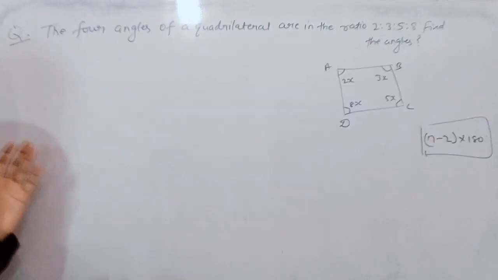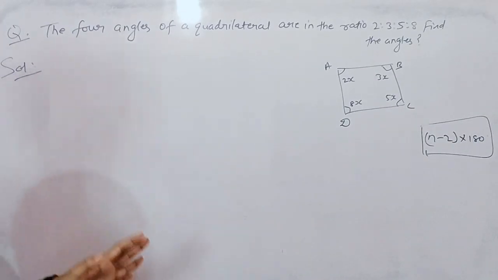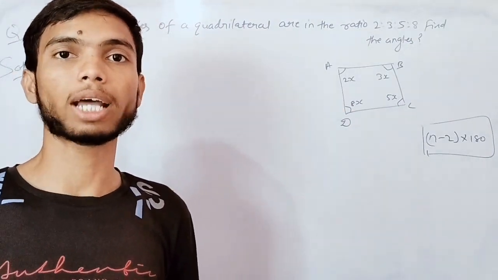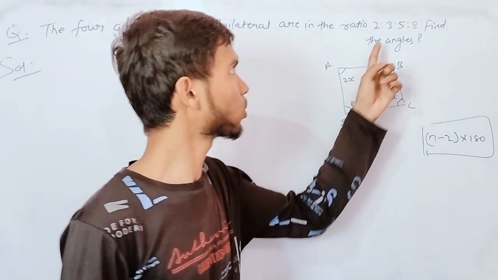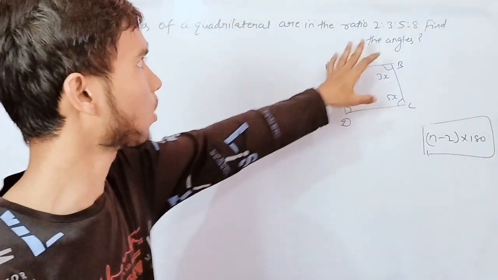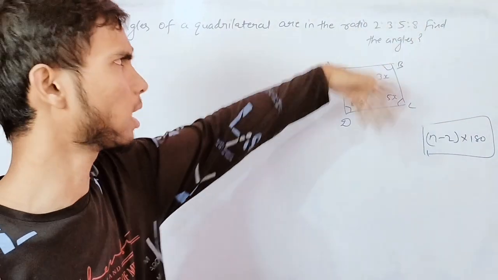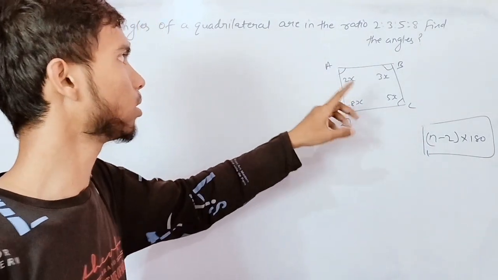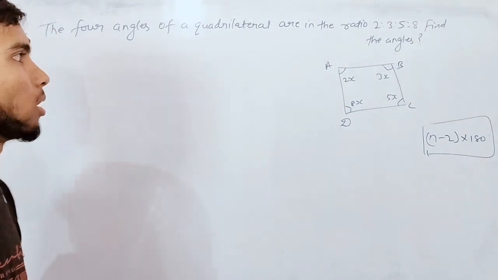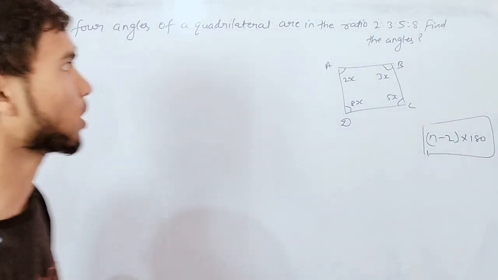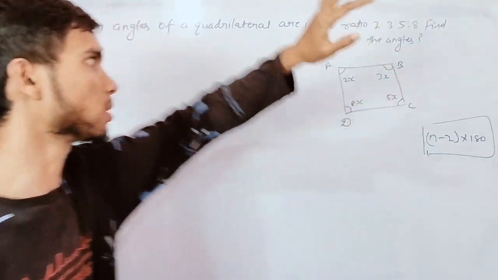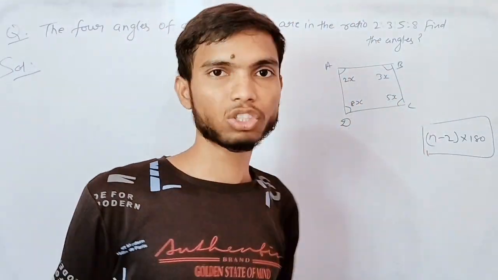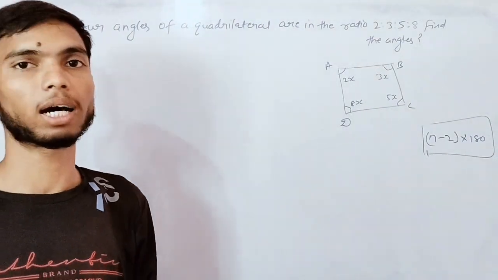It is asking: the four angles of a quadrilateral are in the ratio, but it is not the exact angle. So we will apply a variable, 2x, 3x, 5x, 8x like that, because we don't have the exact angle of each interior angle of the quadrilateral. That's why we will apply the variable x with all these numbers.